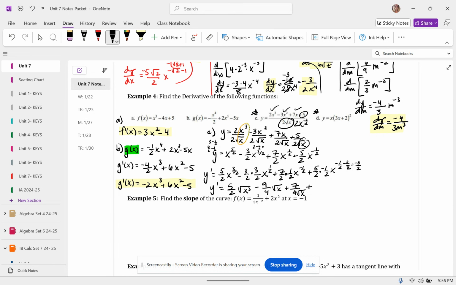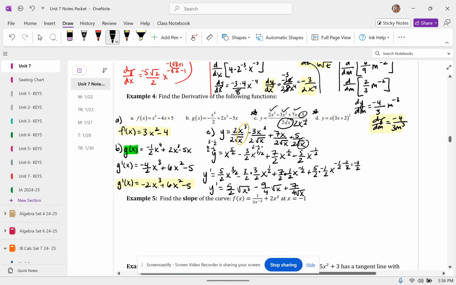Plus, oh, he's negative because he's 5 times negative 1. So we would have negative 5 over 4 x to the negative 3 over 2. Negative 3 over 2 is going to go down in the denominator. He's going to be the square root of x cubed. Alright, looks good.